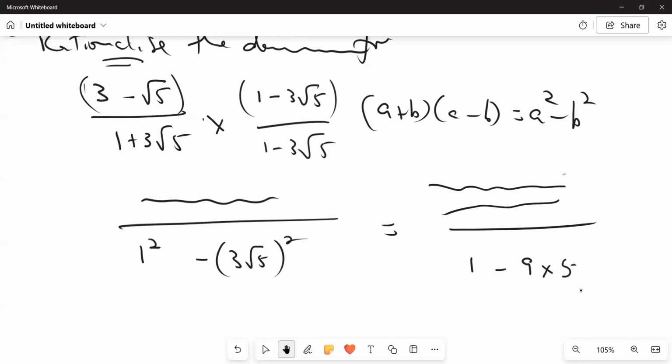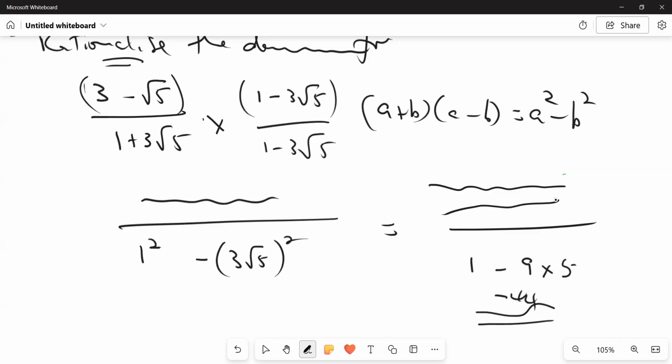Would that be right? 3 square, yeah. Yeah, that's correct there. This 3 will go over, yes. So you will end up with something over, what will this be? 45. So 1 minus 45 will give you minus 44.